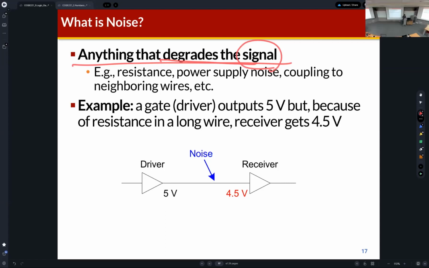Noise works against our real signal, so it distorts the signals. There are many components that cause noise, for example, resistance, power supply noise, coupling wires, something like that.